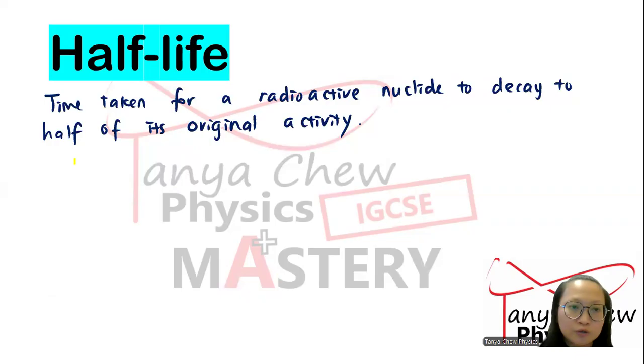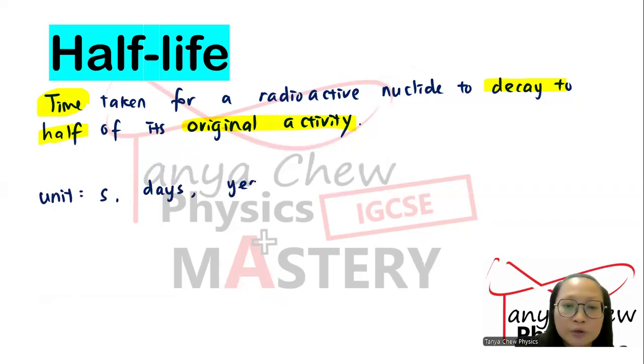I need to see the time to decay to half the original value, right? The unit of half-life could be in seconds, days, years, weeks, minutes, hours, etc. It is the unit of time.